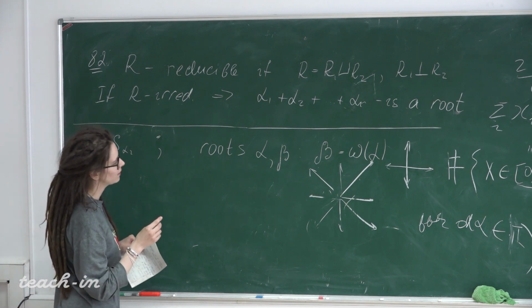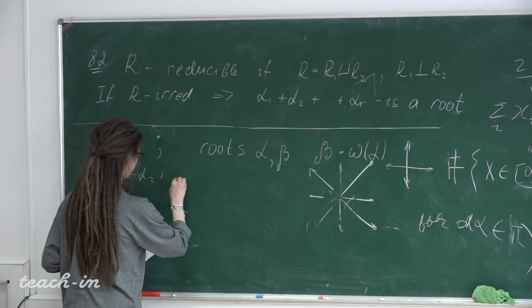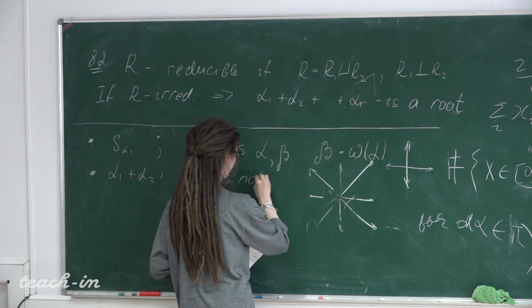Firstly, we will assume that alpha 1 plus alpha 2 plus up to alpha r is not a root, to prove by contradiction.